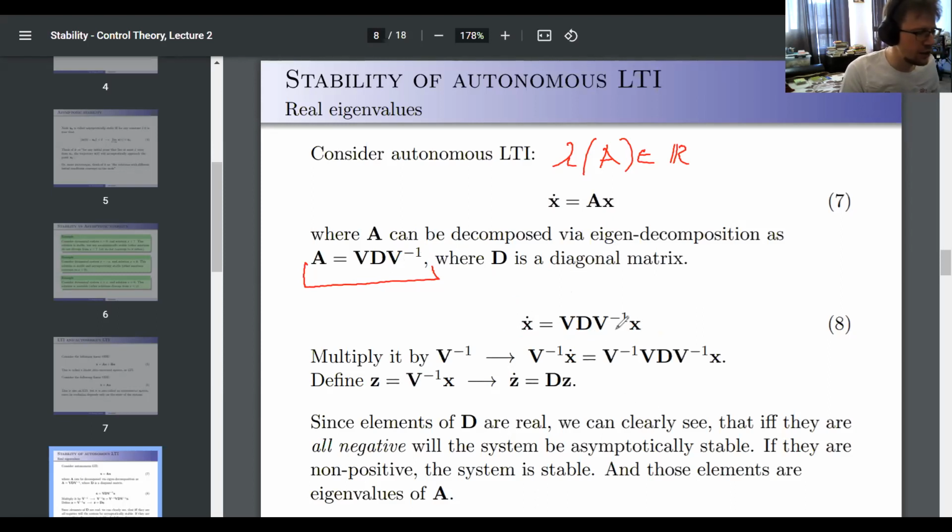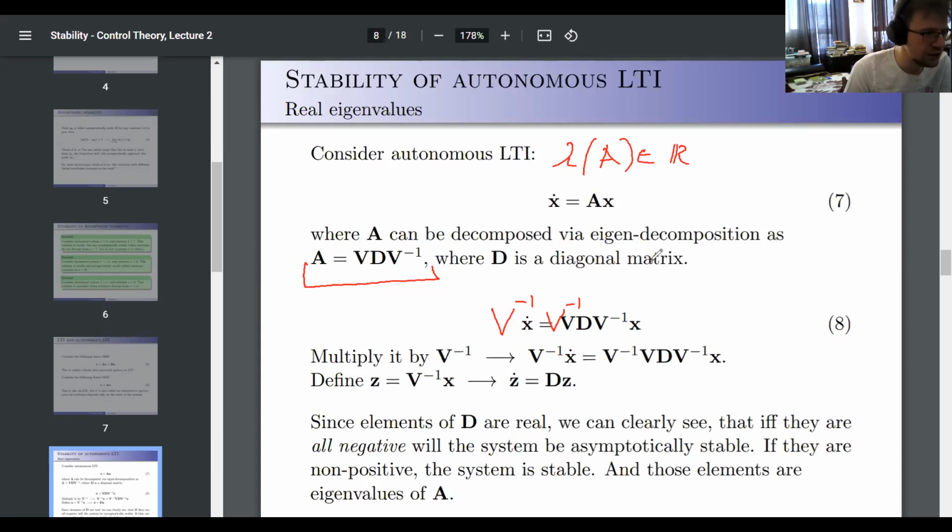All right. Now, in equation 8, what we can do is multiply both sides by V minus 1. Okay. Why can we do that? Because V inverse V is a non-degenerate matrix.